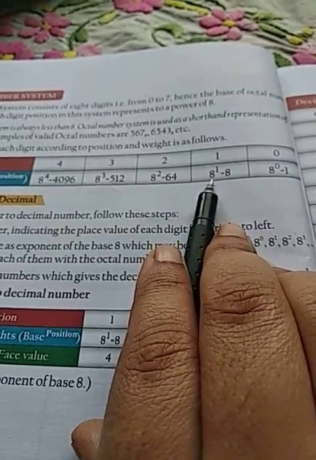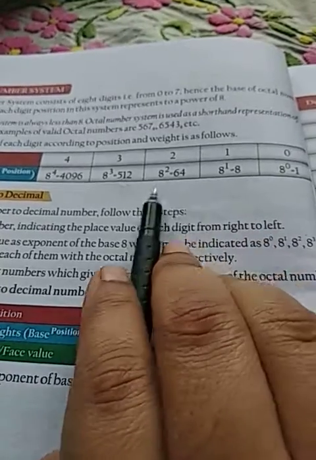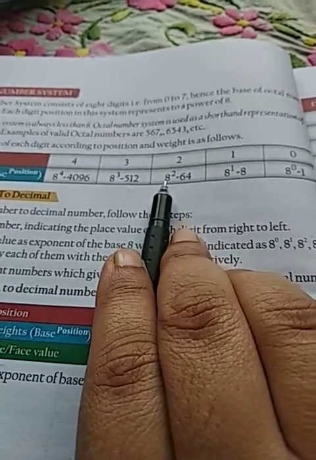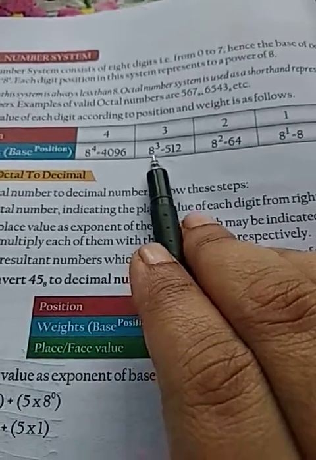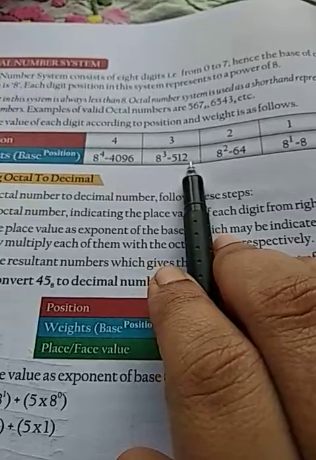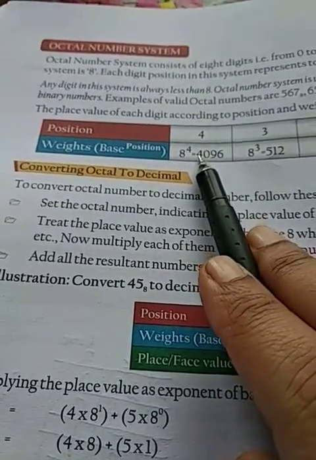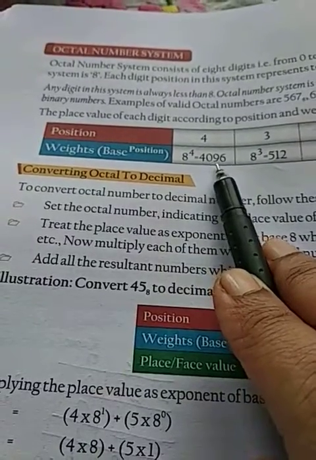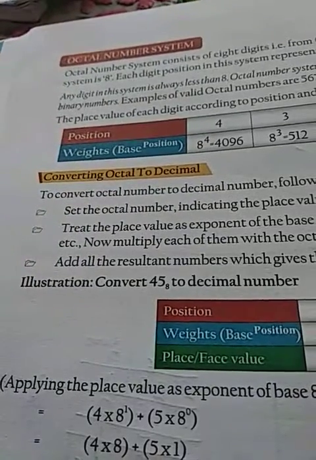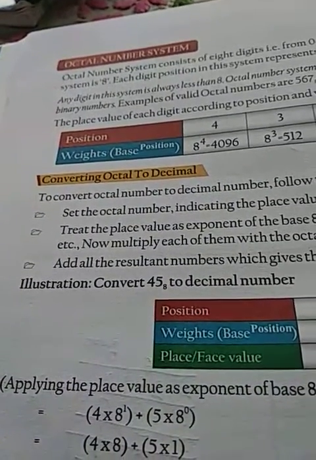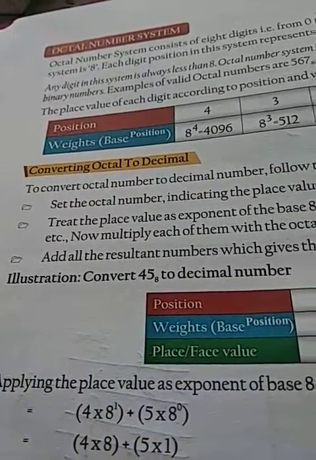The second digit will weigh 8 to the power 1, that is 8. The third one, 8 to the power 2, that is 64. The fourth will similarly be 8 to the power 3, which is 512. And the fifth one will be 8 to the power 4, that is 4096.